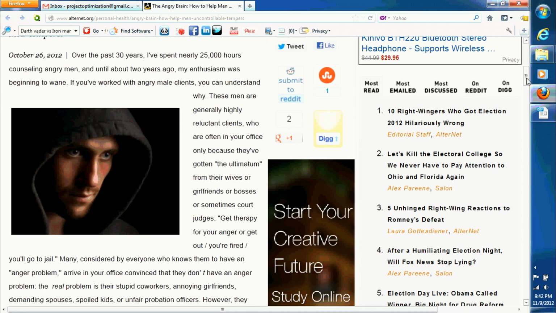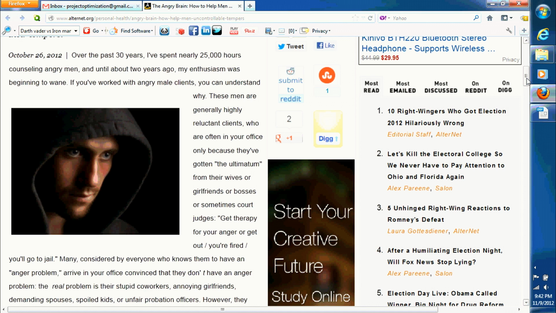So, if an excessively angry man gets therapy for his anger, then it ought to be true that he will not have to get out of his girlfriend's place, at least not for the reason of anger.